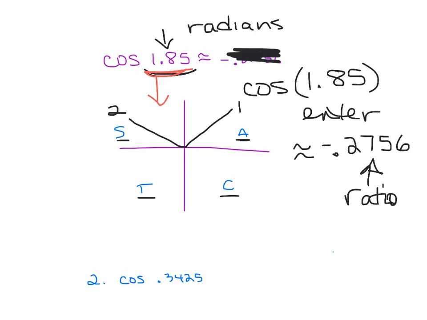So getting a negative answer for cosine makes sense, because the only thing that should be positive in quadrant 2 is sine and its reciprocal. So my answer makes sense. As long as you're confident with touching the cosine button, putting the decimal in there and hitting enter, you just write down the answer on your calculator.